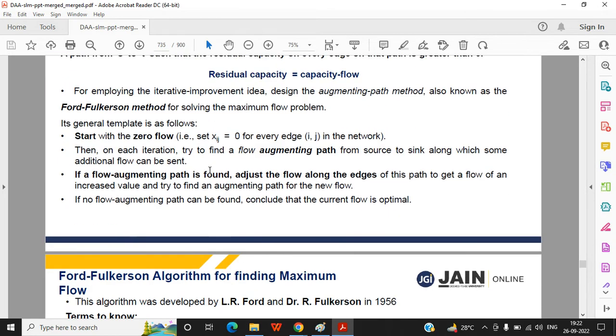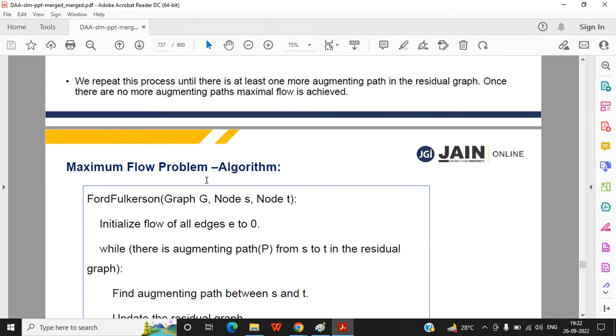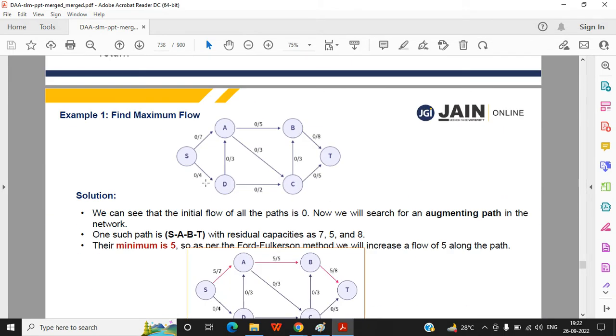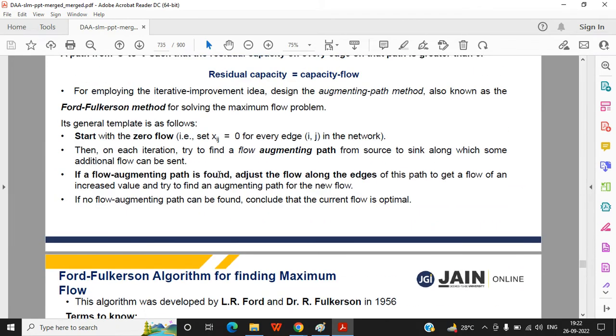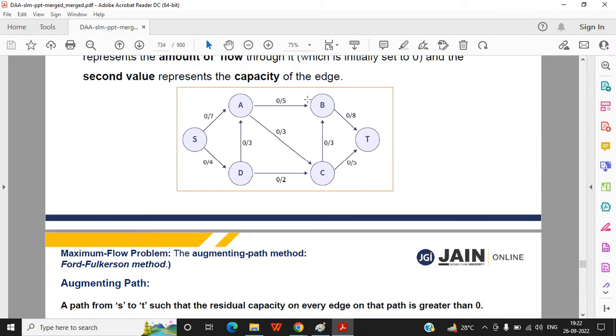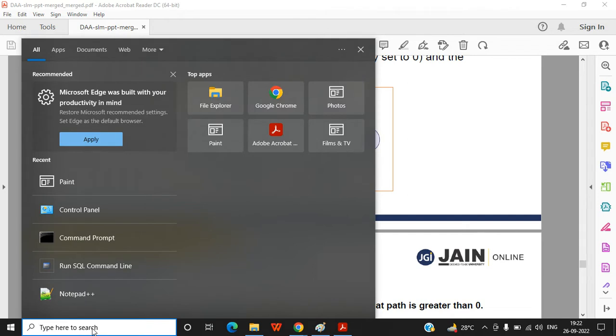Hello. Yes, I'm there. Okay. So, find maximum flow. This is the graph, I think, na? We can copy the graph and paste it somewhere.